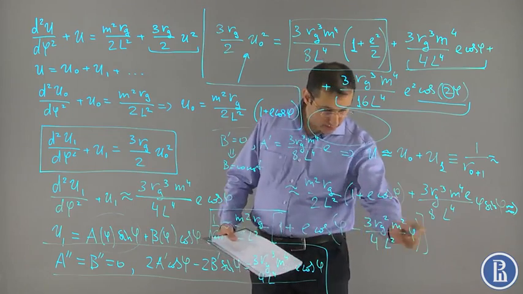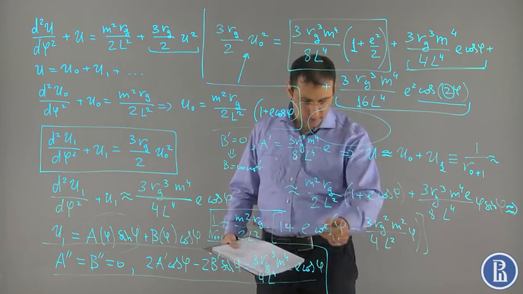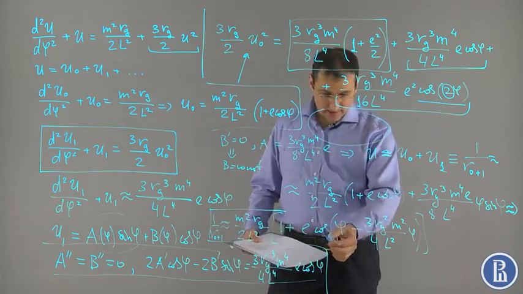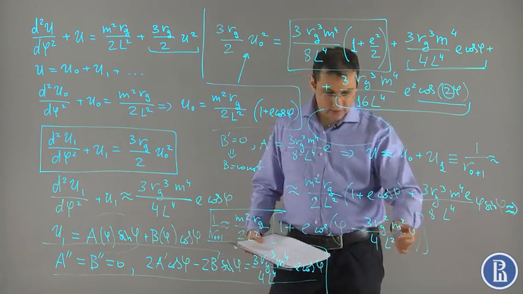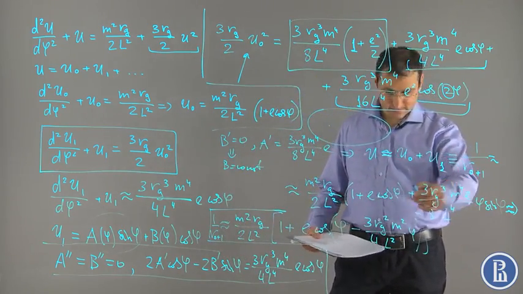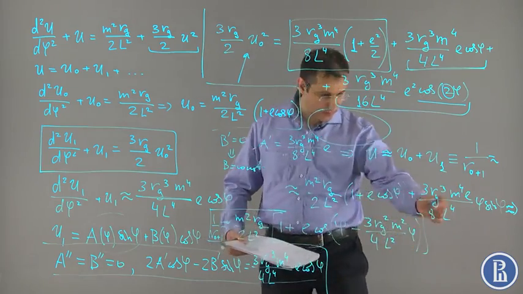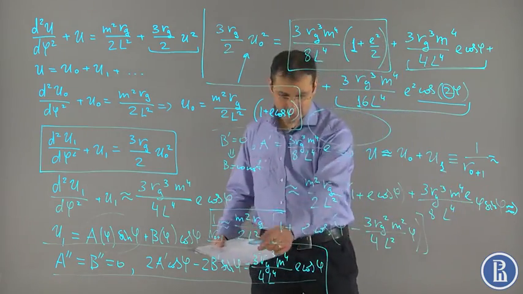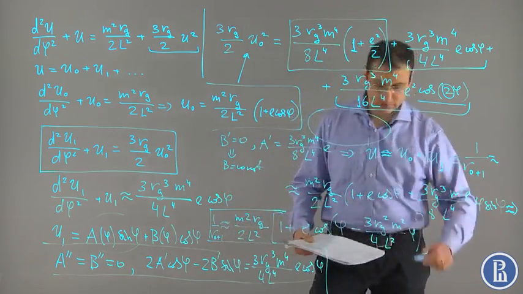So this term is much smaller than this term under cosine. So if we Taylor expand the cosine, from here we just obtain this. So from the expansion of this term, we obtain this term. So this expression is just approximately equal to this one.